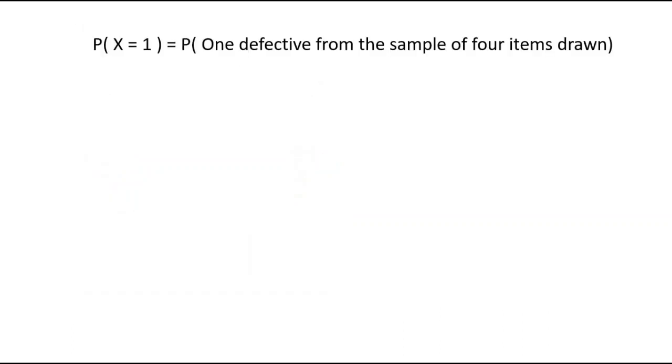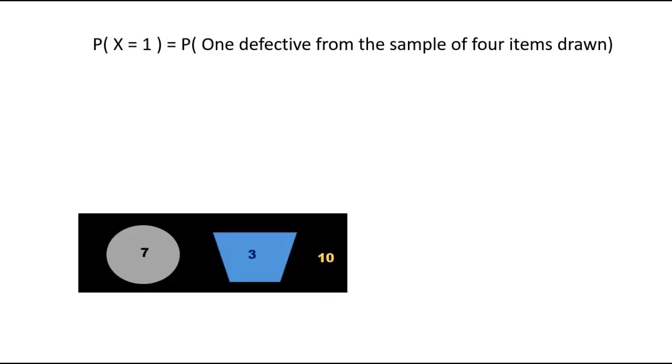Probability of X equal to 1. That means out of 4 items, only 1 is defective. So from this lot, we are choosing only 1 item from the defective items. So from 3, we are selecting 1 item, and the remaining 3 items are selected from 7 items.